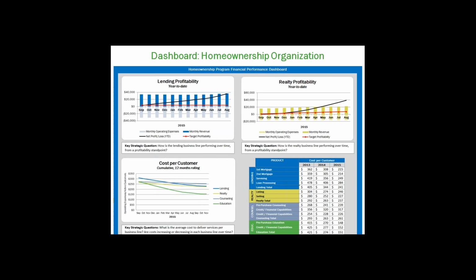And while summary data over time is really important or against goals, the devil's in the details. And sometimes charts will actually give you a deeper perspective on why is this business line doing better or worse? What's been the trend over time, and how are the individual components of it changing?